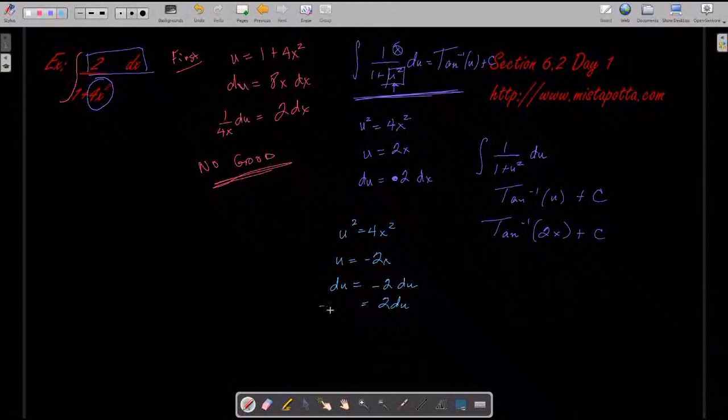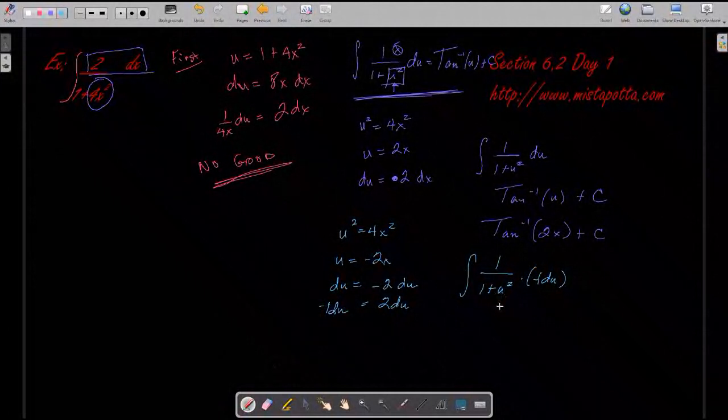And so this actually gives me negative du. And so this becomes the integral of 1 over 1 plus u squared times negative du. And this negative is really negative 1 times du. We don't often write that 1, but whenever I do for substitution, it often helps.